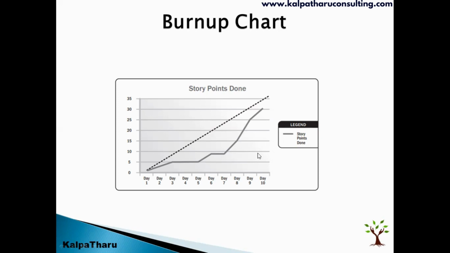Can you tell me how is the performance as per this graphical representation, that is the burn up chart? Is it good or bad? Let us take one of the days and see whether it is good or bad. Let me take day 8. Let me draw a line.